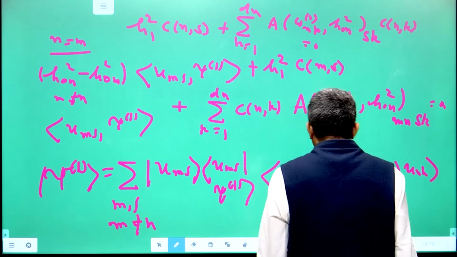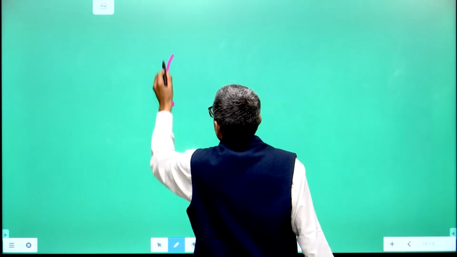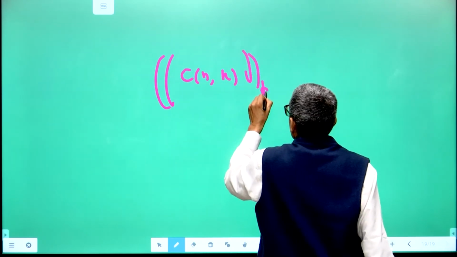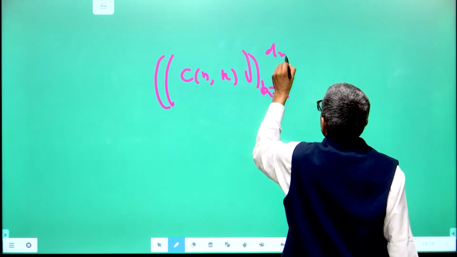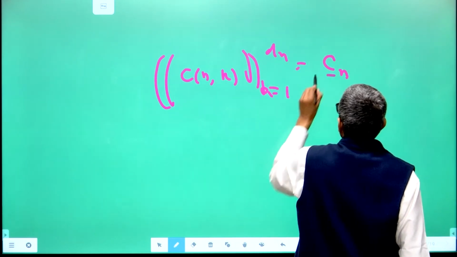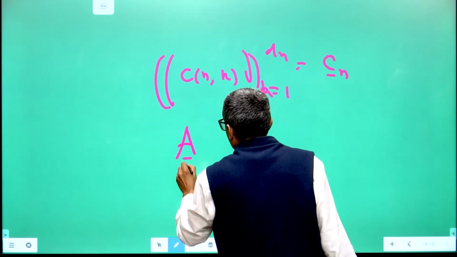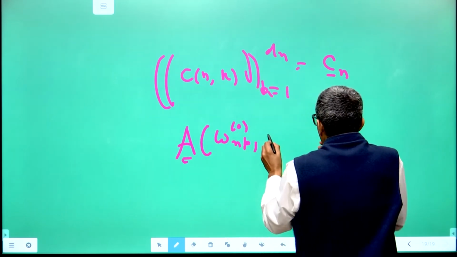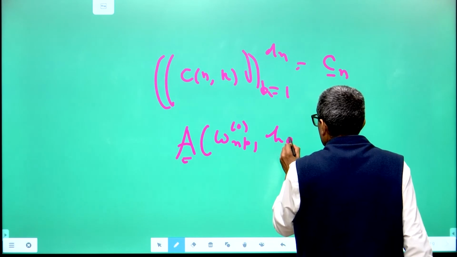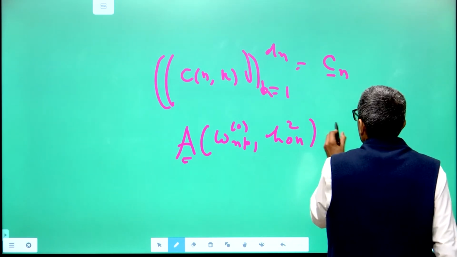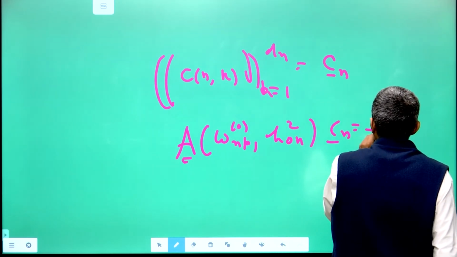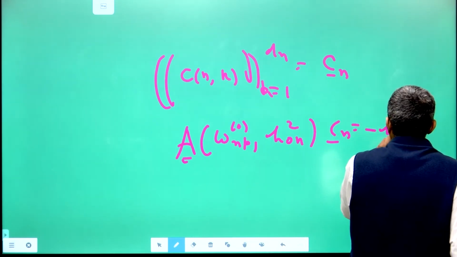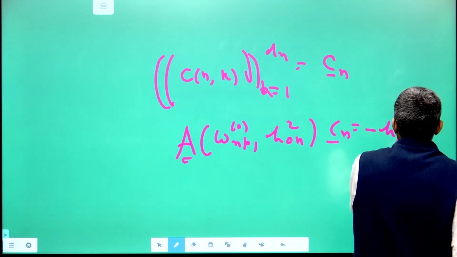You can write this equation by arranging it in the form of a vector C_ns, C_nk, k equals 1 to Dn, which you call the eigenvector C_n. Then you get an equation of the form A of omega 0 np, H0 n square, multiplied by C_n equals minus H1 square into C_n.